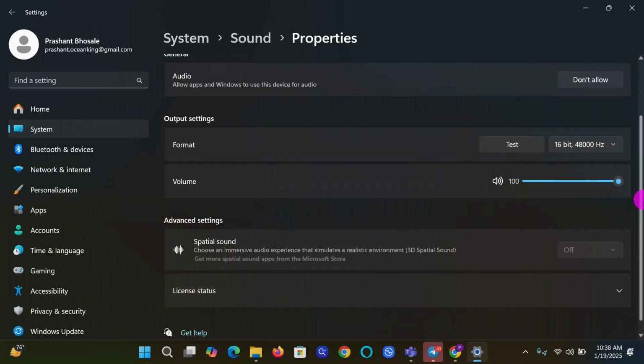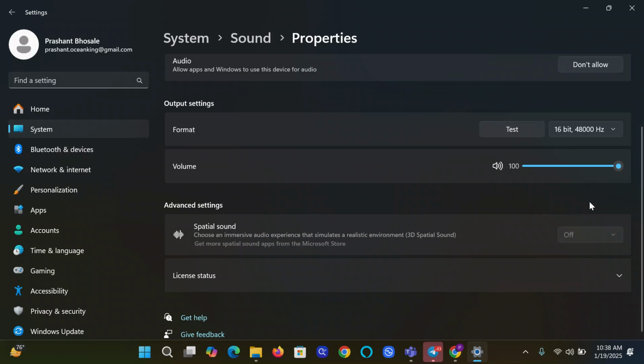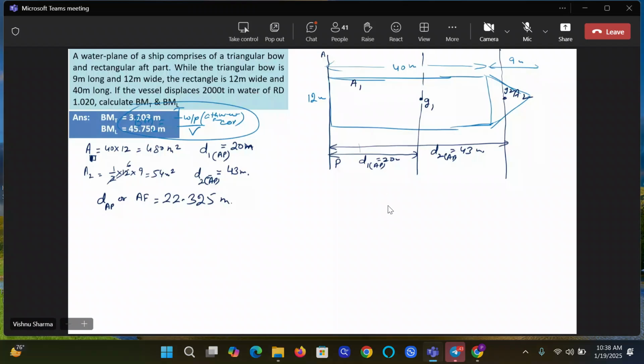Is it right, guys? Can you confirm? 2.326. Okay. Anybody, third person? Is it 5 or 6? Please confirm. 2.326. Okay, I make it 326. No problem.